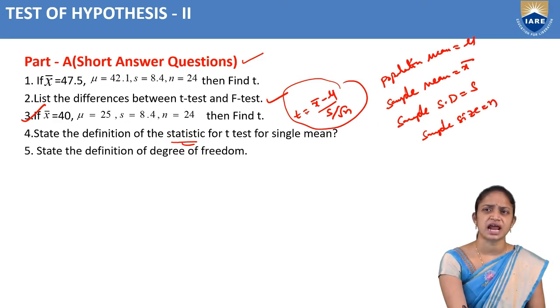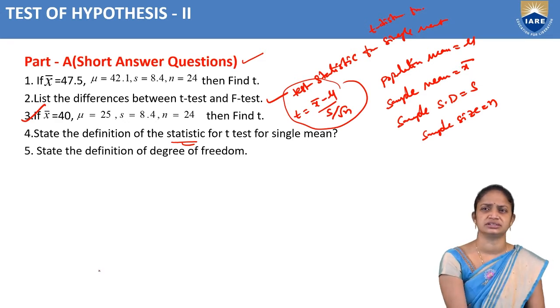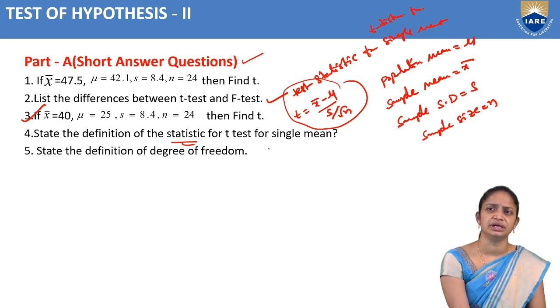So then the test statistic for single mean, a t test for single mean, is t equal to x bar minus mu by s by root n. This is the formula, or the definition, for the t distribution for single mean.